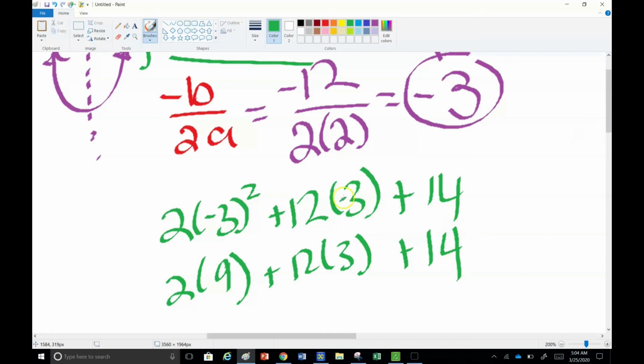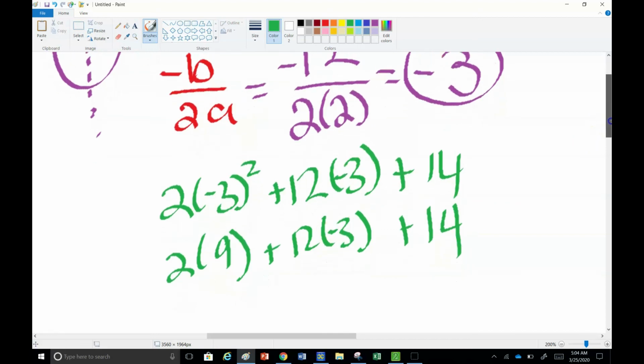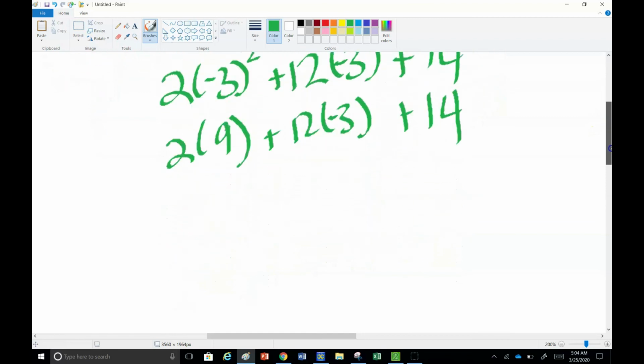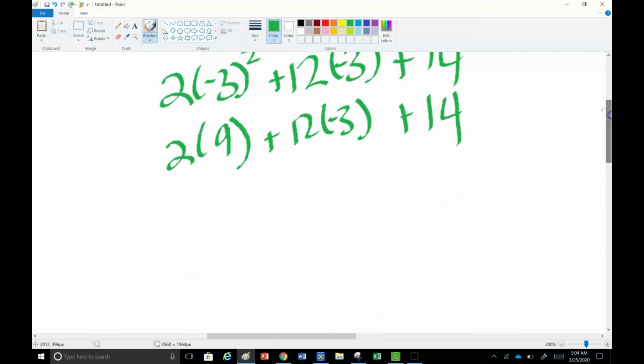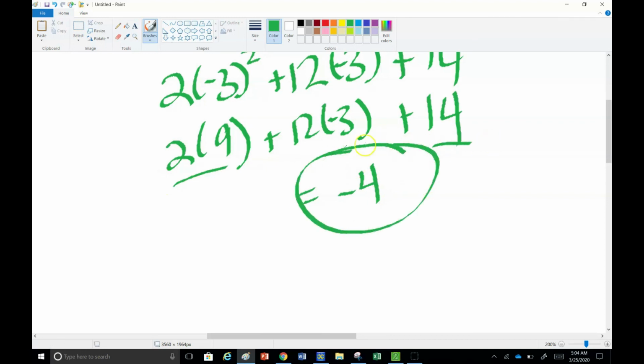Oops, I forgot to make that negative. Okay, so when I work all of this out, it will give me the y value of the vertex. I'm going to get negative 4. If I were to plug this into a calculator, that is what I would get. Now this is the y value of my vertex.